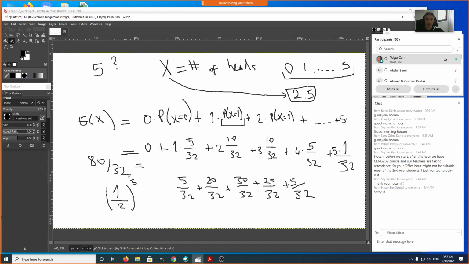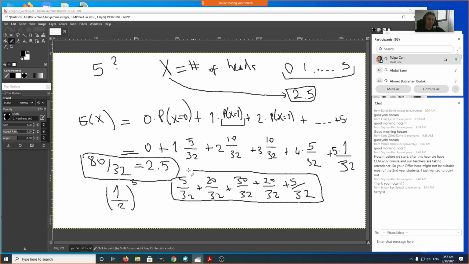So 64, another 16. Yeah, it's exactly 2.5. So this is how you can find that the expected value is indeed 2.5, with a weighted average of the values it can take, weighted by the probabilities. So this is how expected value is defined.